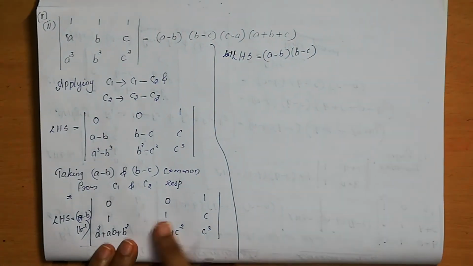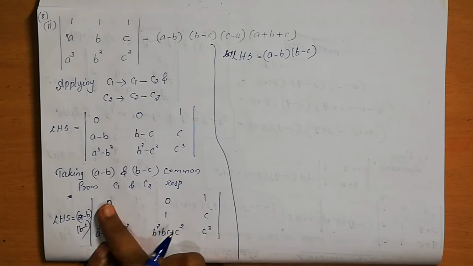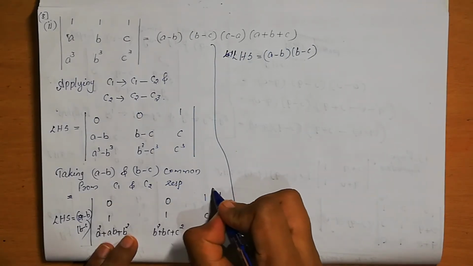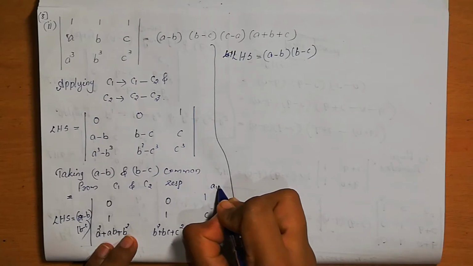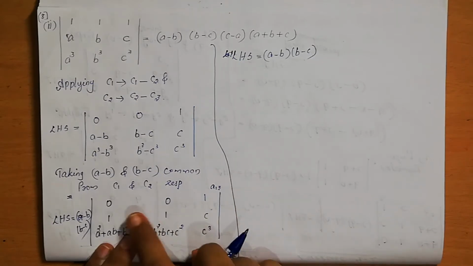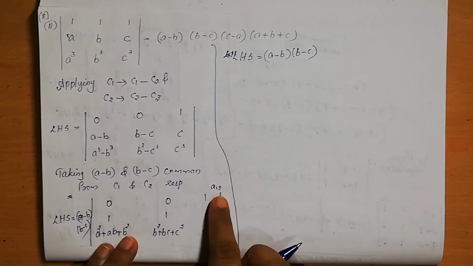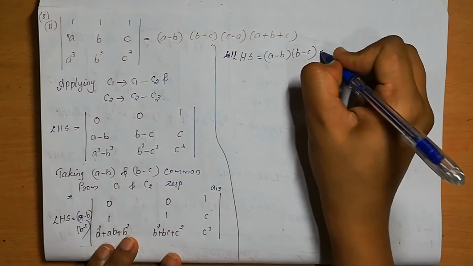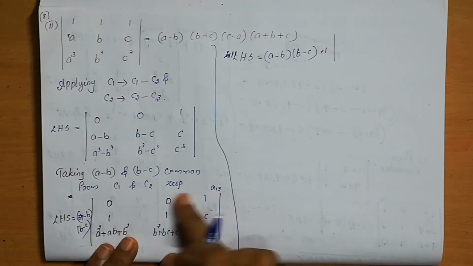Now we are expanding along R1. These two we need not consider, only the last element. The last element is in the first row, third column, a13. That means minus 1 to the power 3 plus 1, which is 4, so a positive value, into 1, and that row and column will go.